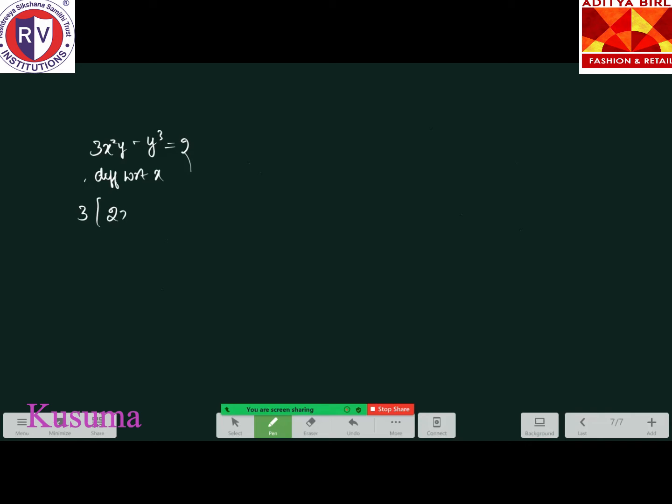Here it is 2x into y plus x square into dy by dx minus 3y square into dy by dx is equal to 0.